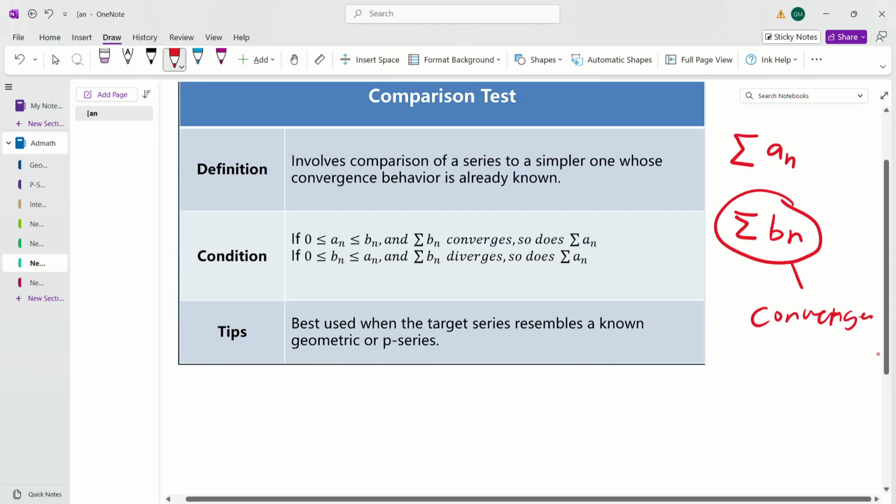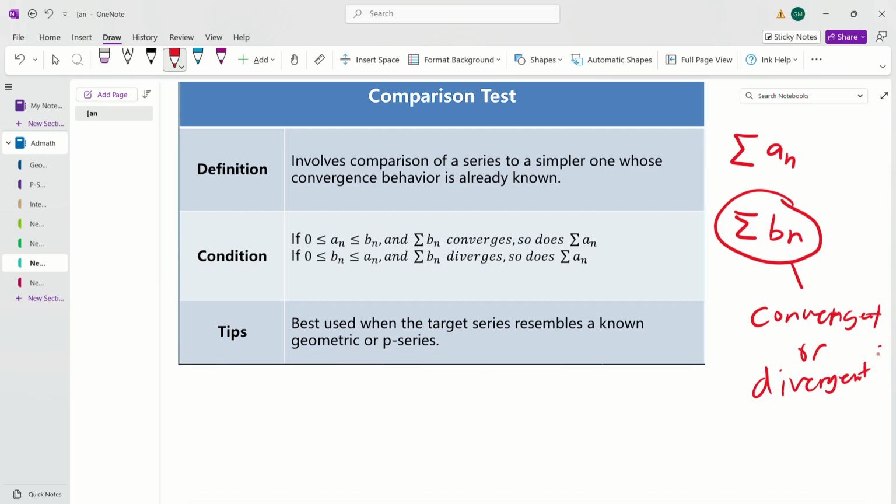Convergent or divergent. So if the summation of b sub n is convergent, so does the summation of a sub n. If the summation of b sub n is divergent, so does the summation of a sub n. So that is the condition here.